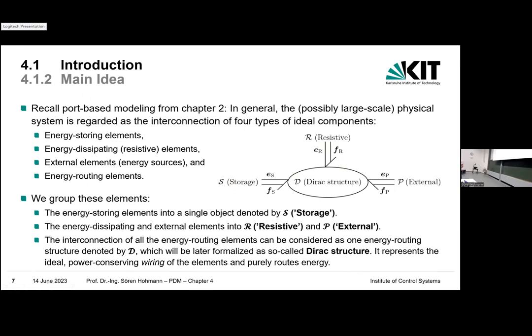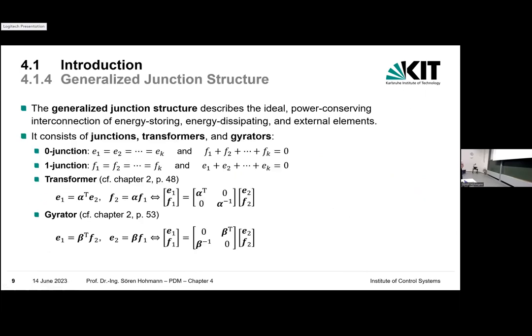So here sources are made with the set of P, resistive R, so it's the calligraphic R, it's for storages, so not to be confused with our notation beforehand in chapter 2. And there's energy routing in between, and this energy routing is now characterized by, well, practically by zero junction, one junction, switch form generators. So these are the routing elements for power.